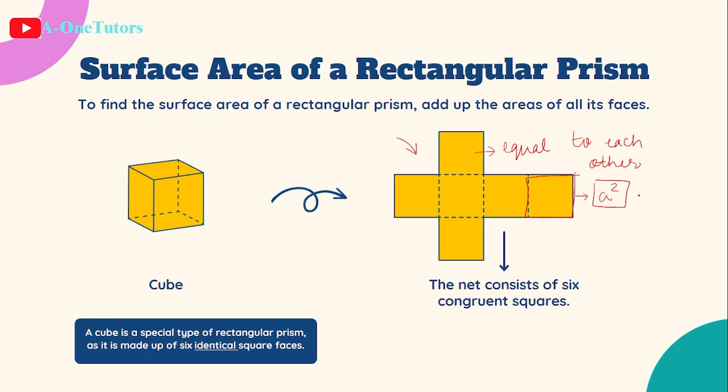This is just an abbreviation, because it will obviously be written as A times A, which is A squared. And now that I know the area of this specific part, which is one face of the cube, I'll be able to multiply this area by 6 to get the total surface area of my cube. So this will be your surface area of a cube.